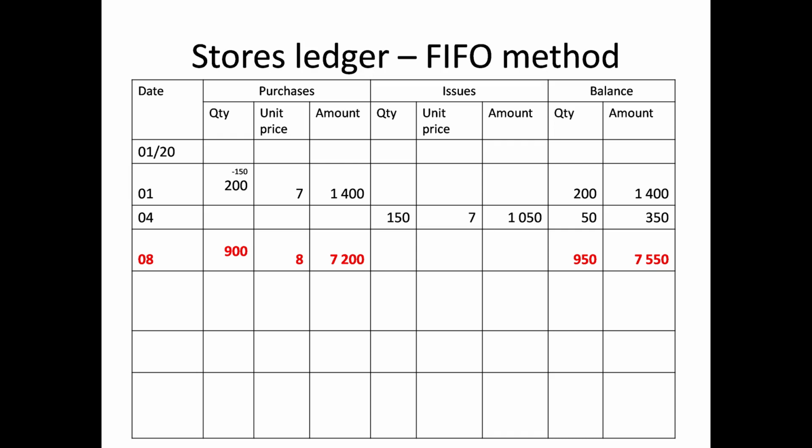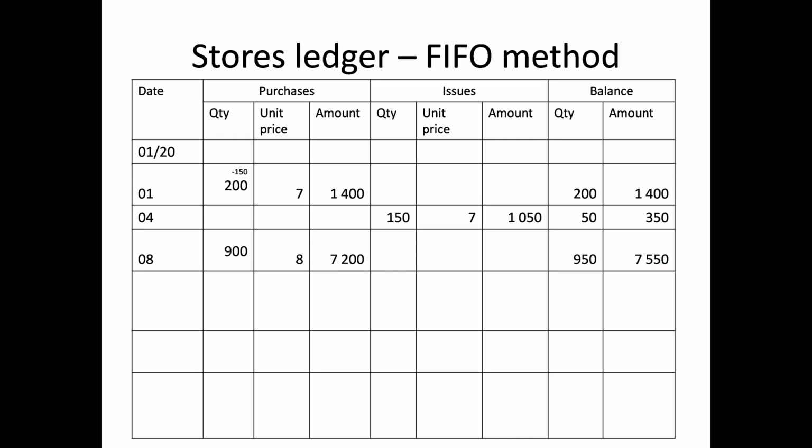Then you need to update the balance. You had 50 units and then you purchased 900 units. Now the quantity is 950 units. Amount you had 350 rupees. Then you purchased for 7200 rupees. Now the balance is 7550 rupees.